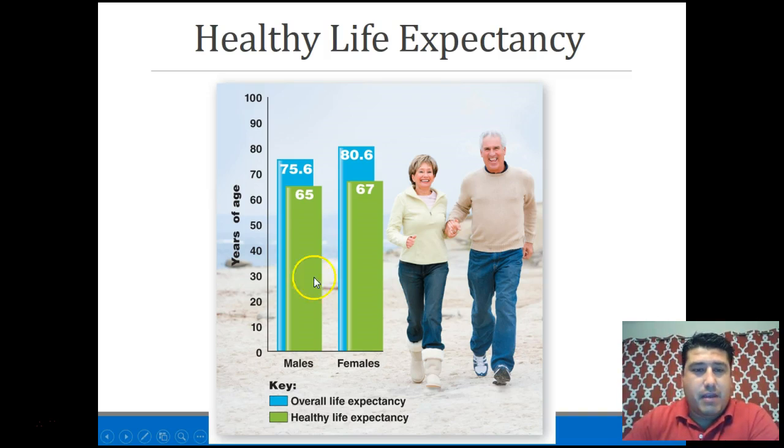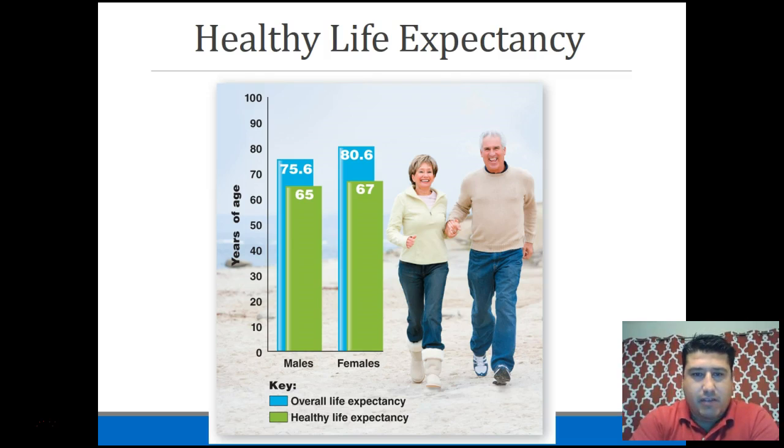Okay, so you can see males are expected to live about 75.6 years, but they're also expected to experience 65 of those years as healthy life. In other words, high quality of life. So for the last 10 years of their life, that's when they start to experience some adverse health conditions, or morbidity, going with the term that we used a couple of slides ago.